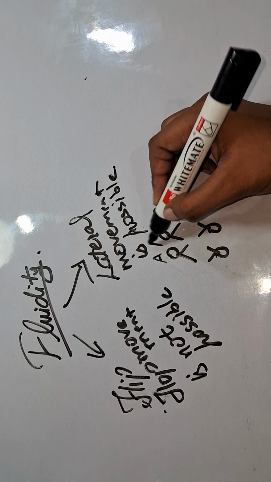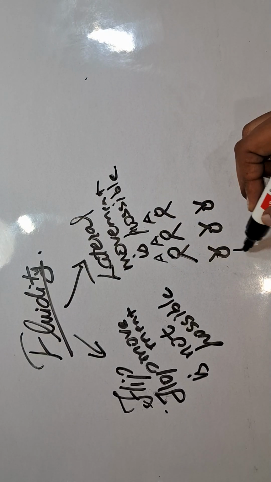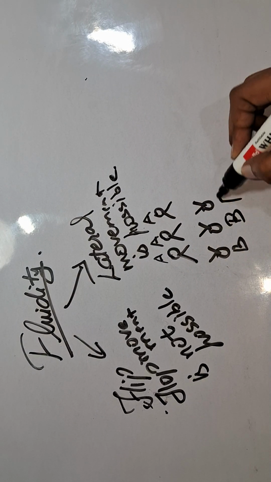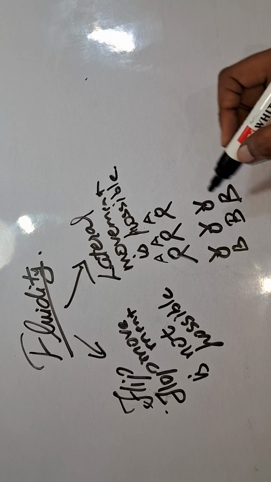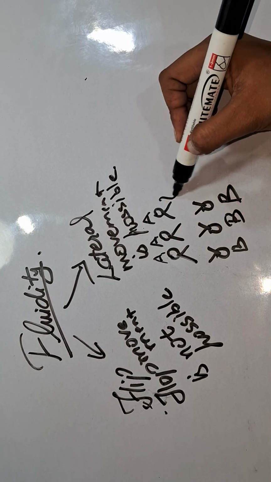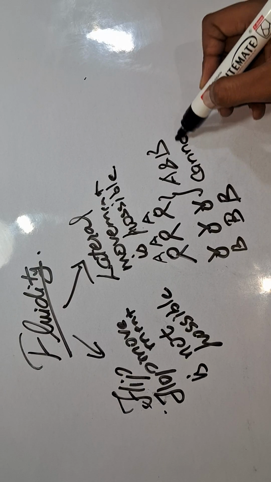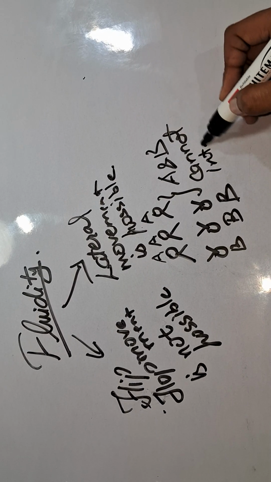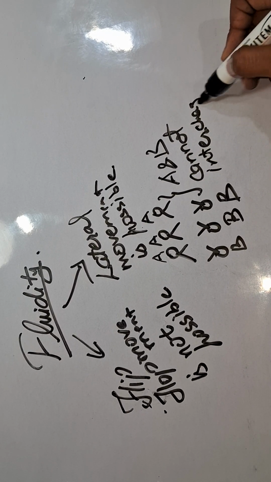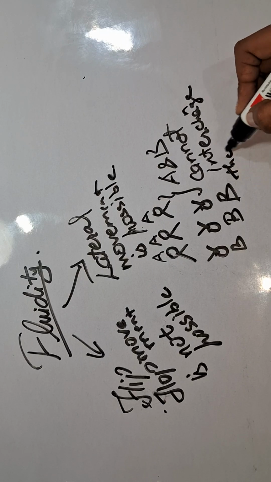Suppose this is A, this is A, this is A, this is B, this is B, this is B. They cannot interchange. A and B cannot interchange their positions.